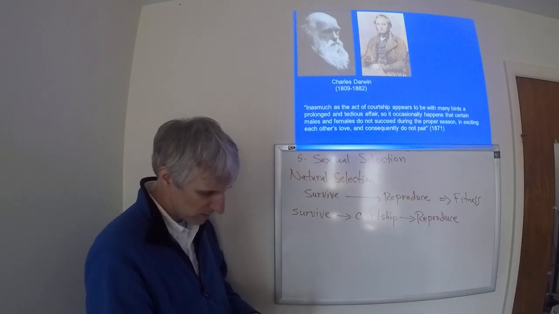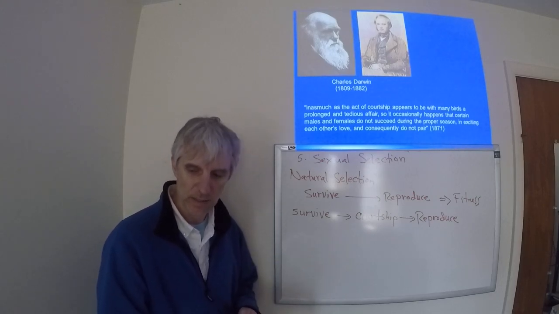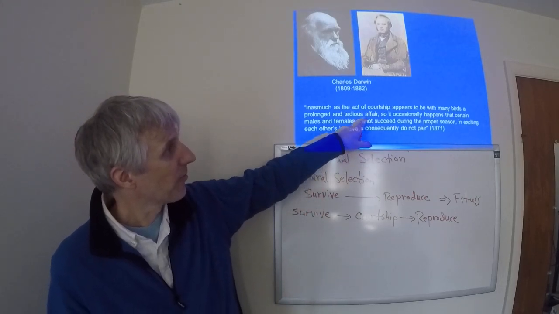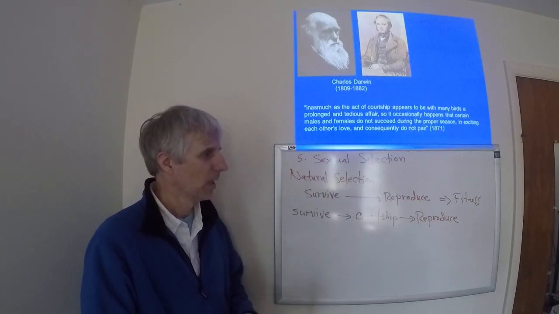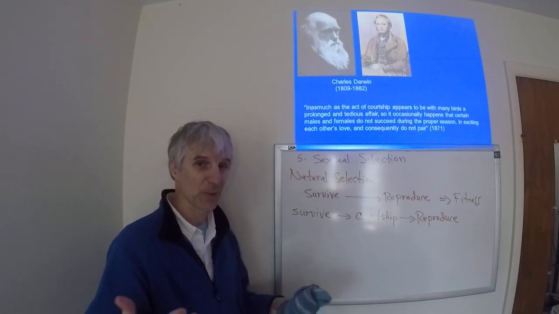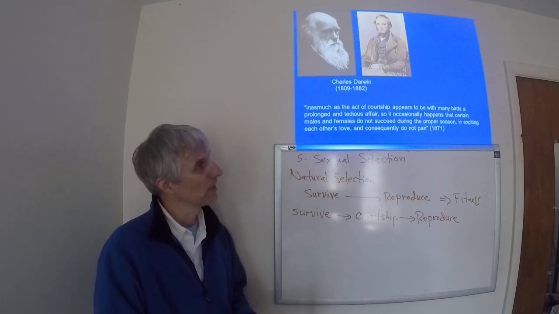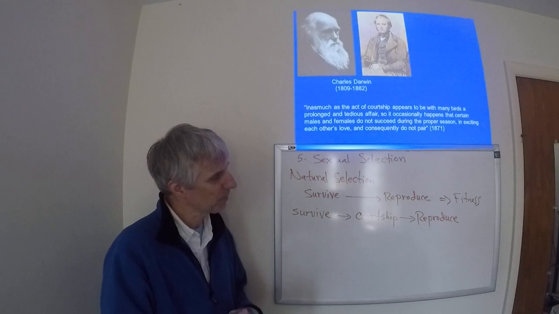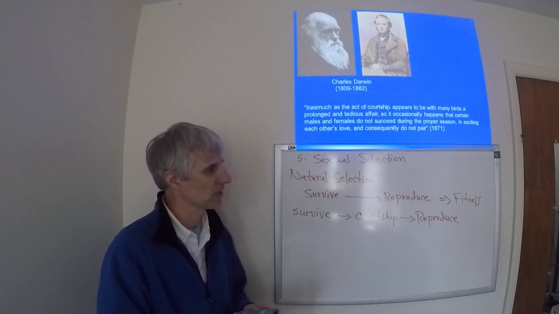So Darwin says that his early thinking about natural selection was completely valid, but for some organisms like birds, and I would argue like pretty much every animal on the planet and the plants, that this step of courtship is a very important piece to this.